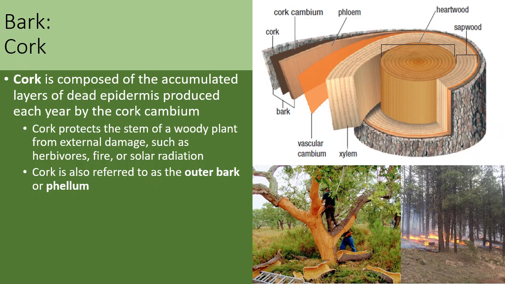And that's basically because on the inside of the trunk, inside the vascular cambium, we're adding new layers of xylem every single year. So the trunk is getting thicker, and the old dead bark on the outside can't stretch, so it just splits open in order to accommodate the thickening that's occurring inside. And the other thing that's occurring is the cork cambium every year is producing this new thin layer of cork.